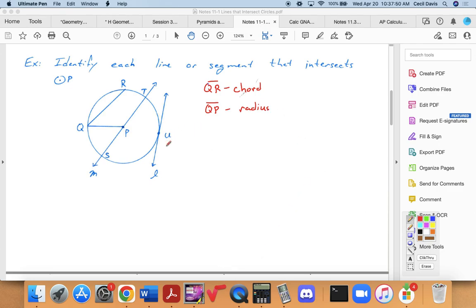Now, when we get over here, there is a segment in the middle of this line. We need to talk about both of them. So segment ST has 2 different names. It's a diameter and it's also a chord. In fact, some textbooks define a diameter as a chord that contains the center of the circle.